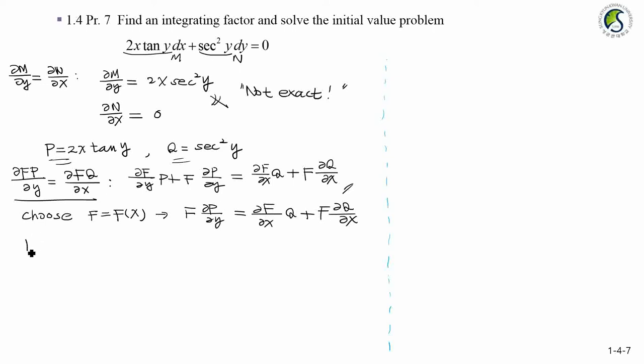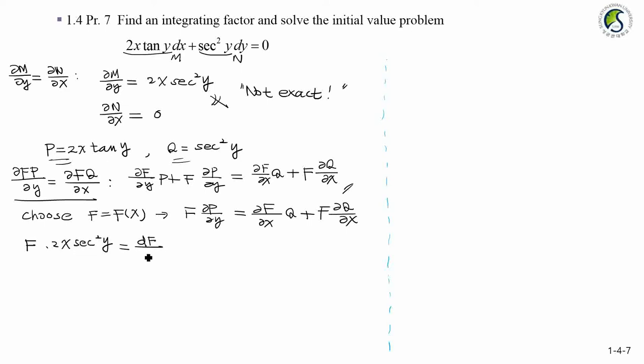So then f times dP over dy is 2x secant squared y equals df.